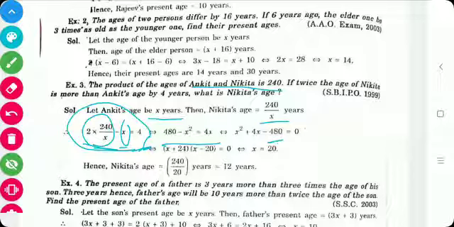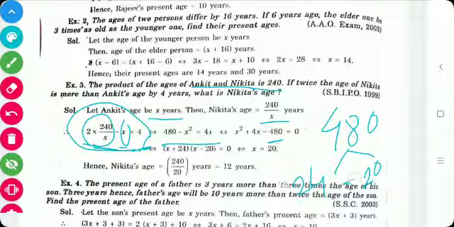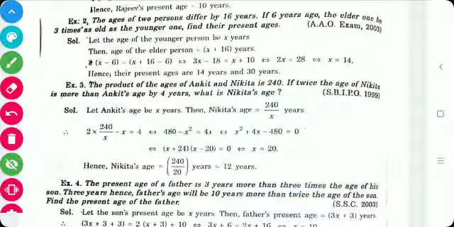So how will we solve this? We have to take the factors of 480 such that the multiplication is 480 but the addition or subtraction is 4. So the factors are 24 and 20, 24 minus 20. So the factors are x plus 24 and x minus 20.